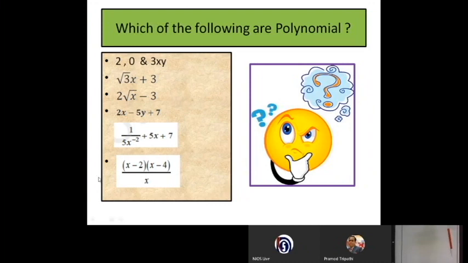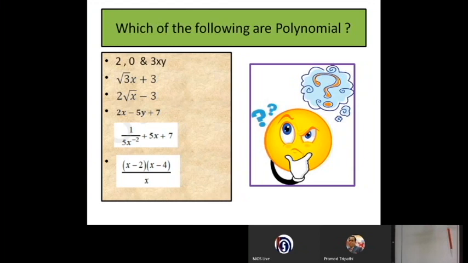So the exponent of the variable becomes positive. So it is a whole number. Now I think in this exercise we have discussed, and you can also find whether any expression is a polynomial or not.